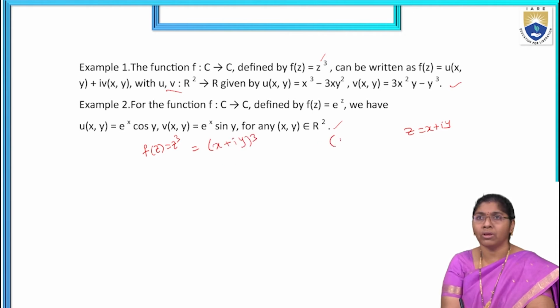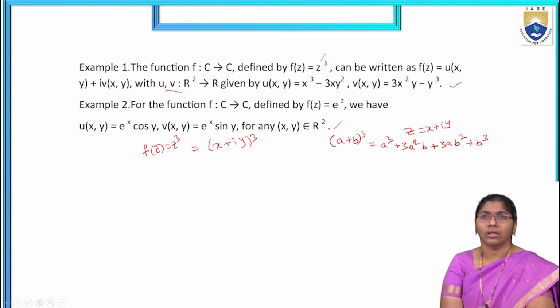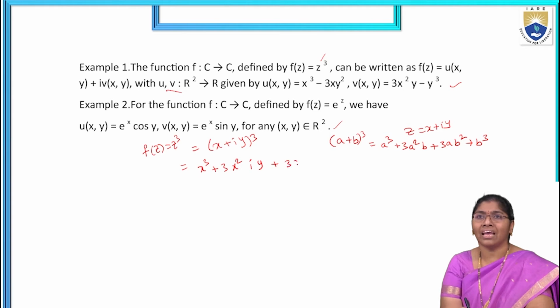That means a plus b whole cube, equal to a cube plus 3a square b plus 3ab square plus b cube. That means here it is equal to x cube plus 3x square iy, since the b value is iy, plus 3x into iy whole square plus iy whole cube.